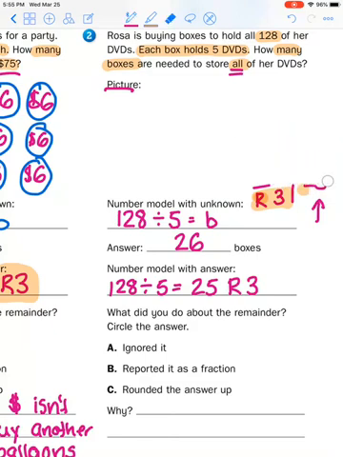So if I were to draw my picture, I would have to draw 26 boxes.